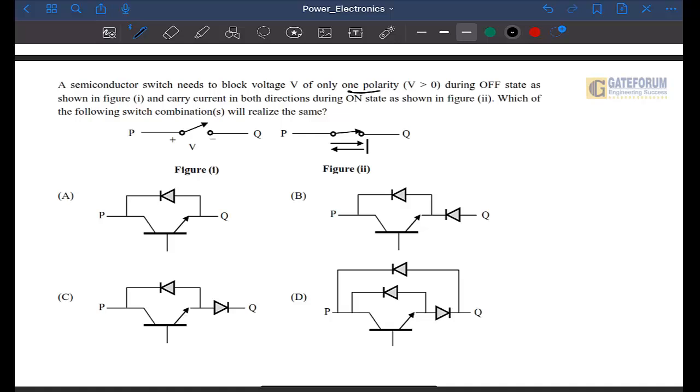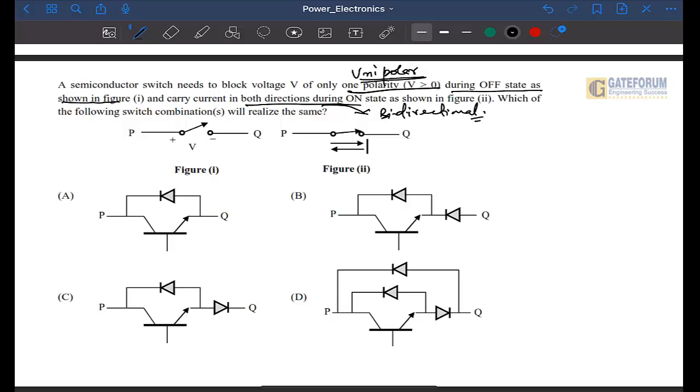That means it is unipolar. During the off state, as shown in the figure, and during the on state, it carries current in both directions. That means your switch is bidirectional, as shown in figure 2.